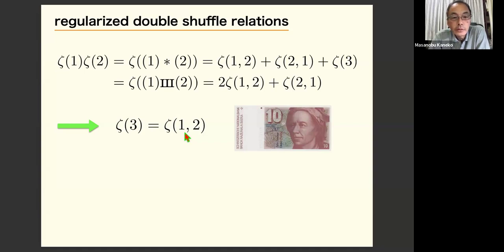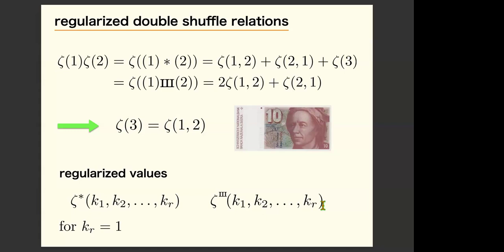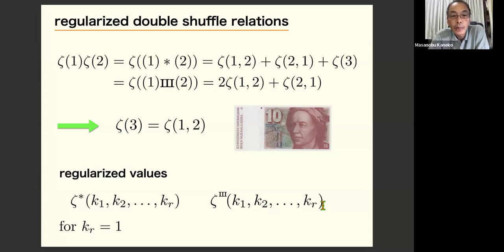So in the general case, it's not that simple, but there's a way to extract, by using either series or integral, convergent finite values from the divergent indices. This process of regularization, and this zeta star and zeta sha of k1 up to kr, in this case kr can be 1, are called regularized multiple zeta values.